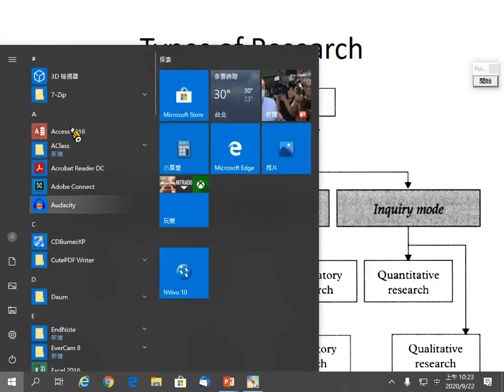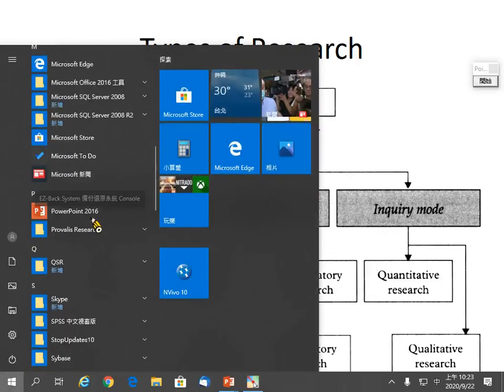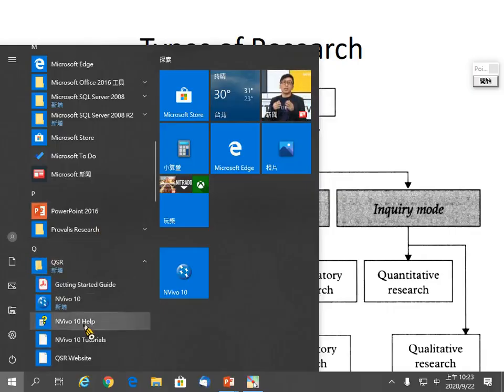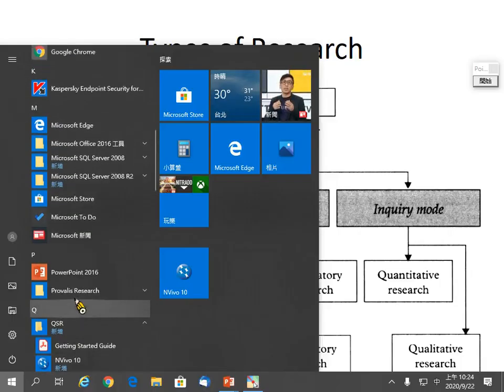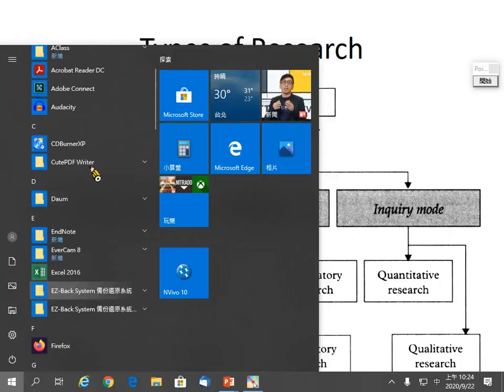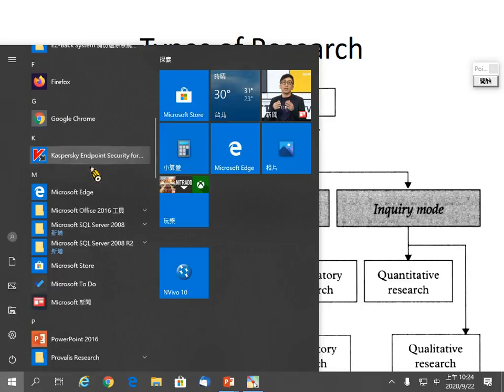One is QSR, we call NVivo. NVivo is a package that you can use for qualitative data analysis. And the other one is QDA Miner.